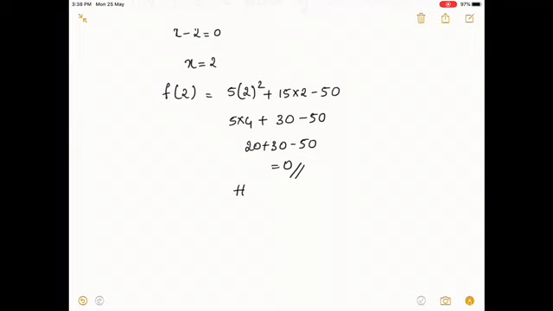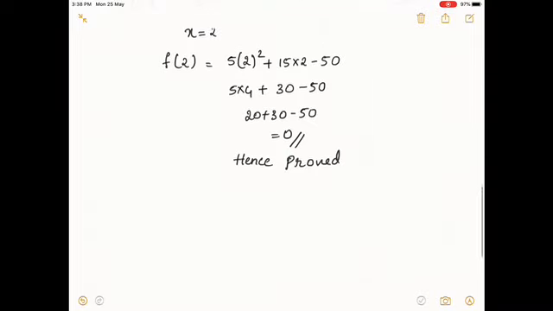So hence proved. From this it's clear that x minus 2 is a factor of 5x square plus 15x minus 50.